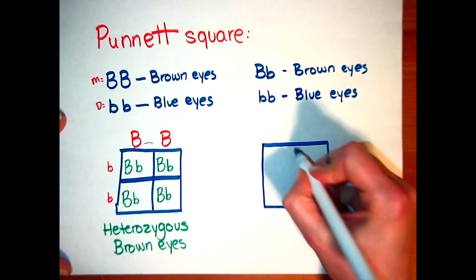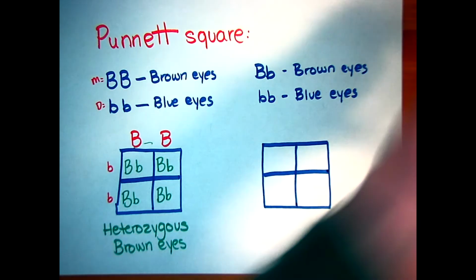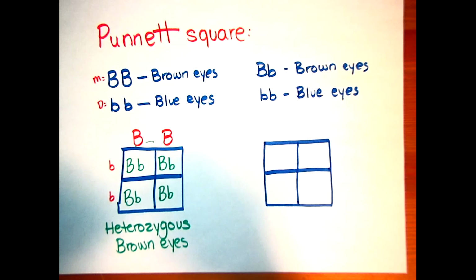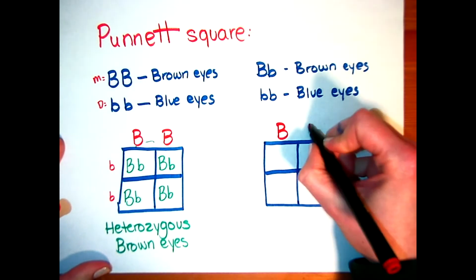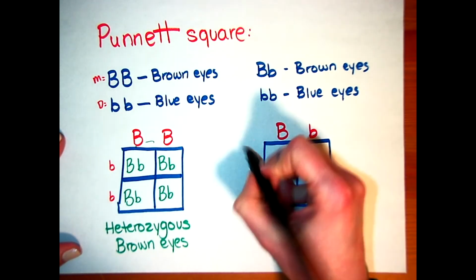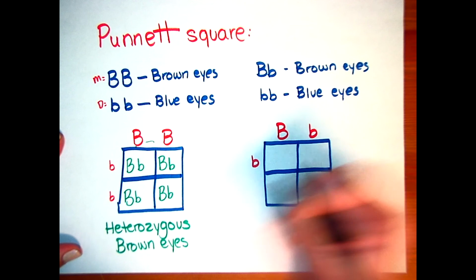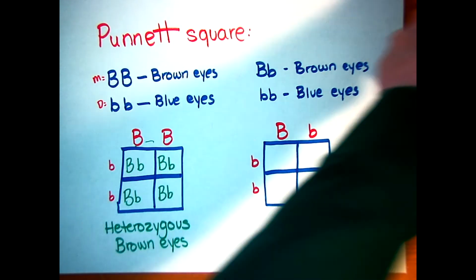So we draw our Punnett square. We'll do the same thing we did last time. We'll put mom's alleles across the top. She has capital B and lowercase b this time. Dad's alleles down the side. He has lowercase b, lowercase b. Now we're going to fill in our Punnett square. So here we have this baby.